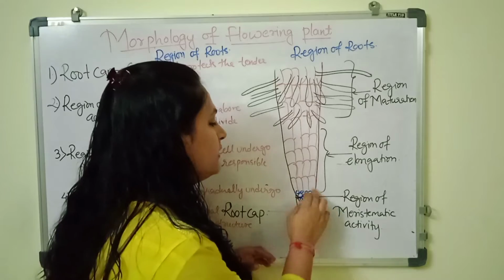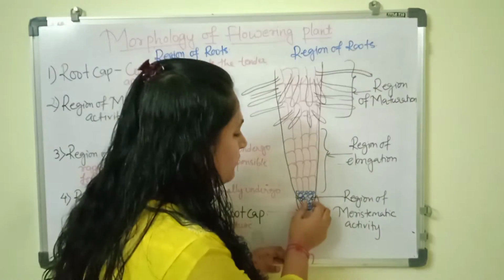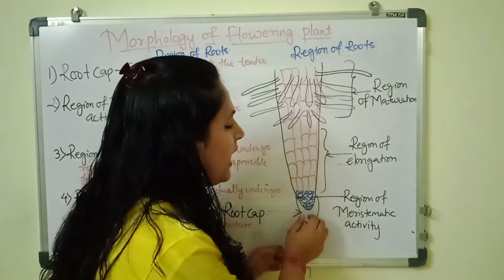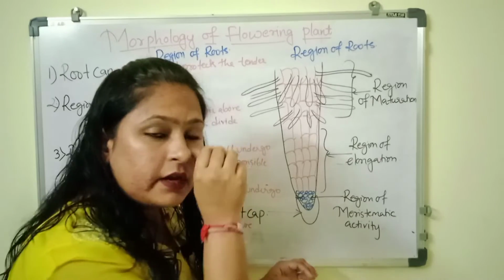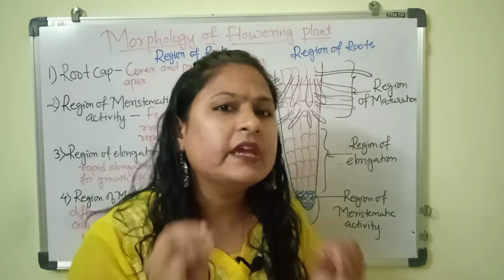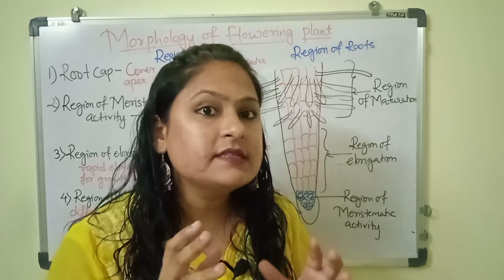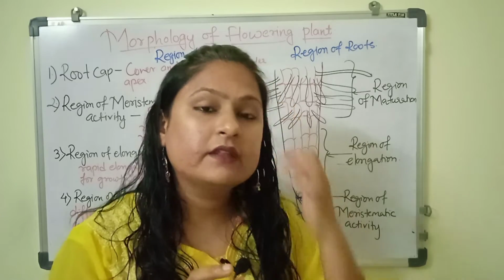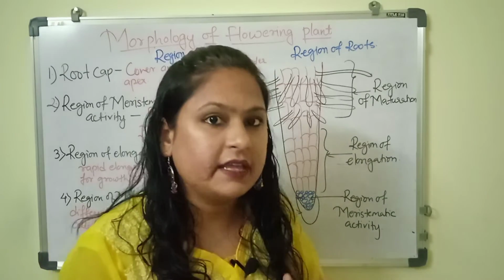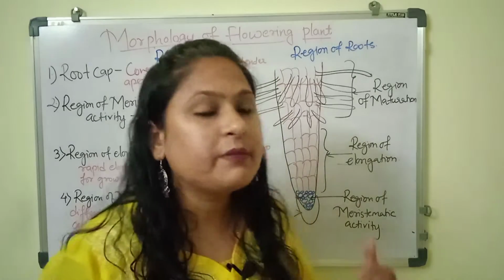In the region of meristematic activity, this is the tip of the root. The tip of the root is covered by the root cap. Why is it covered by the root cap? Because the tip of the root is very delicate. The cells are very thin walled, they have dense protoplasm, and they are repeatedly dividing. So this region consists of the meristematic tissues, the meristematic zone.